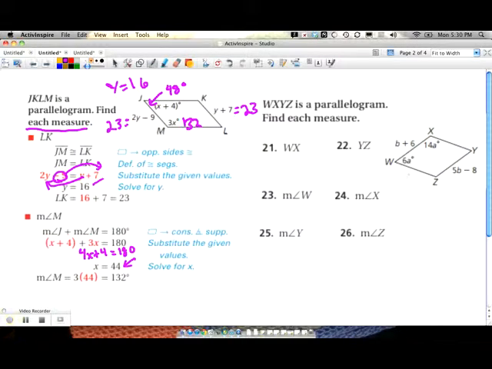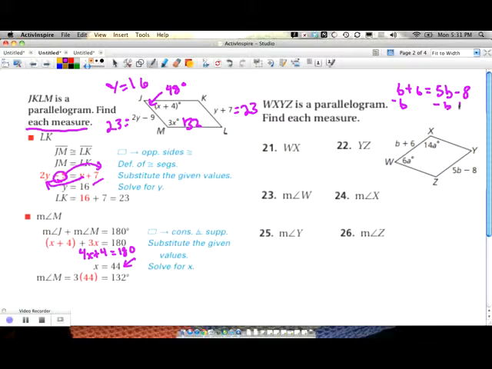Let's use this information, start trying to apply it over to this parallelogram. So I see that WX and YZ are opposite each other. How does that help me? Because those two are equal. So let's solve them. B plus 6 equals 5B minus 8.